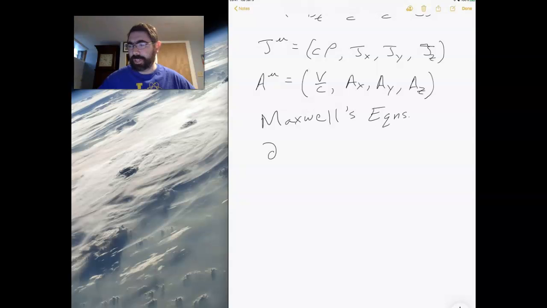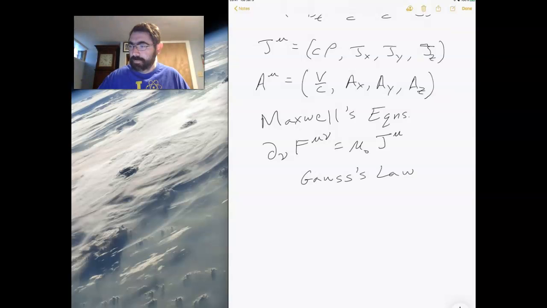So I can now write the divergence of the field tensor as mu0 j mu. This gives you Maxwell's first and fourth equations. It gives you Gauss's law, and it gives you the Ampere-Maxwell equation.